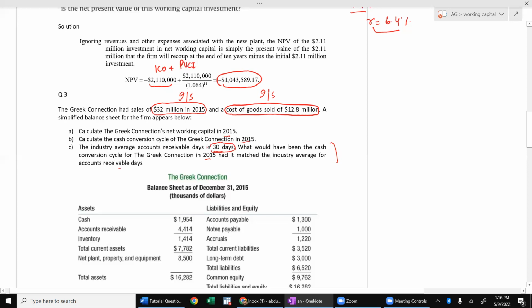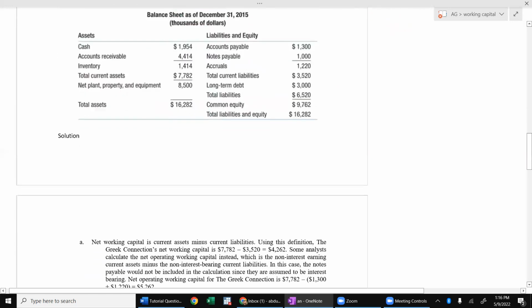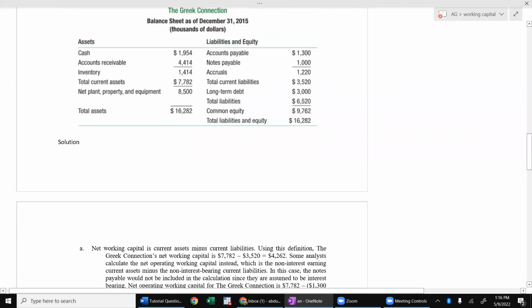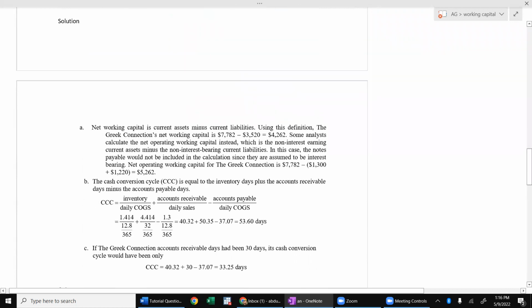Okay. So similar to our first question, we need to calculate cash conversion. First of all, net working capital. Net working capital is current assets minus current liabilities.